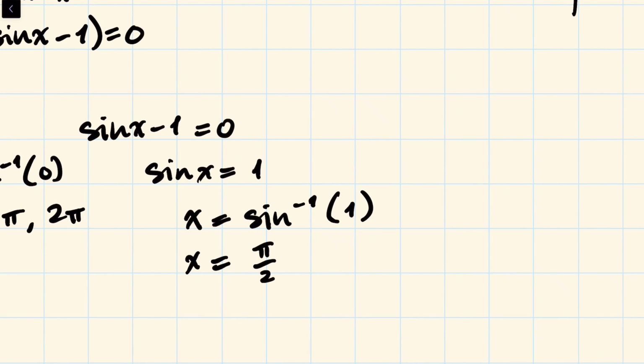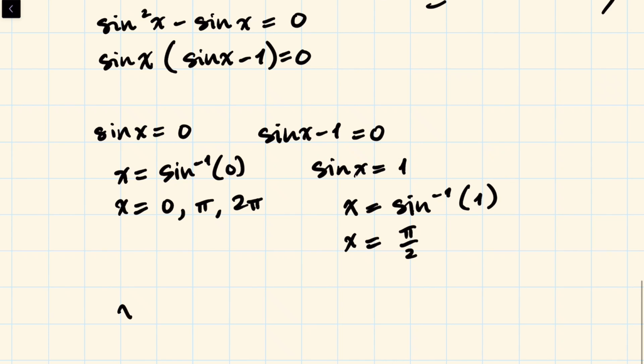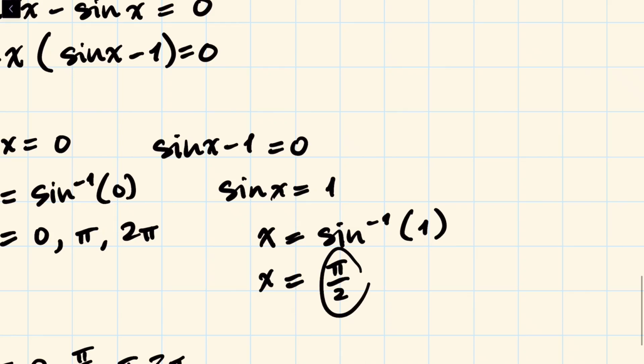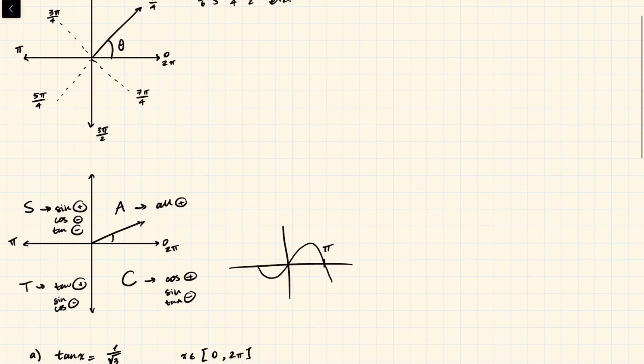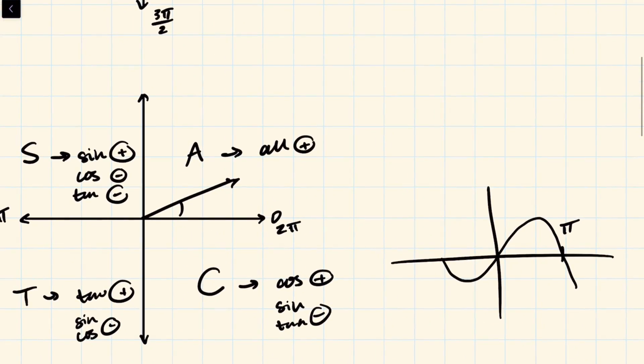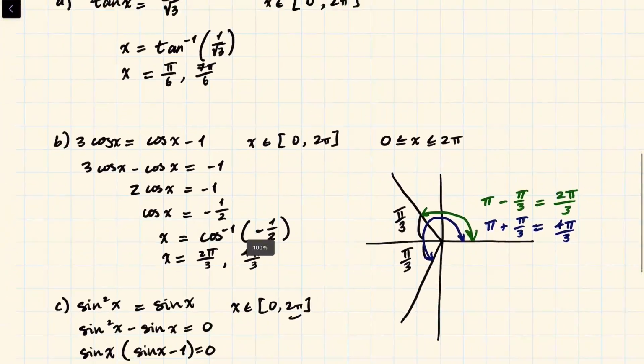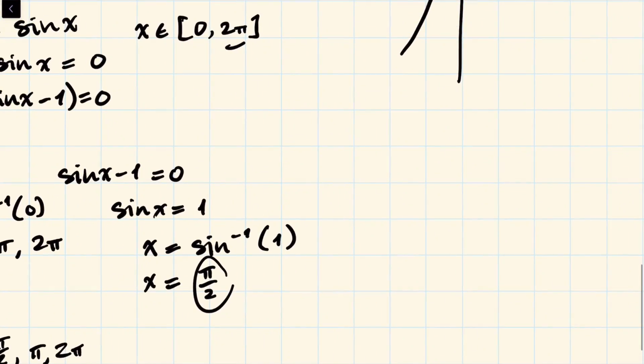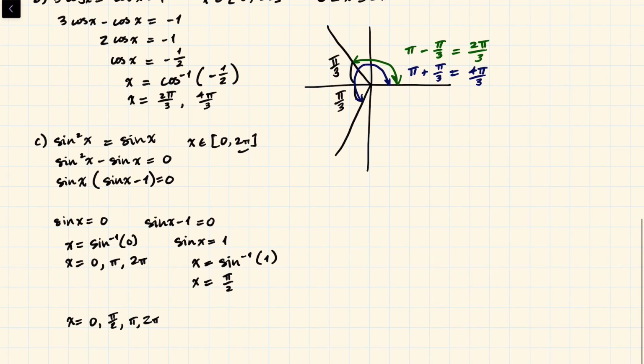Actually we just said it's pi over 2, right? So our solutions: x equals 0, pi over 2, pi, and 2 pi, right? Because within that interval, sine of x isn't 1 anywhere else.